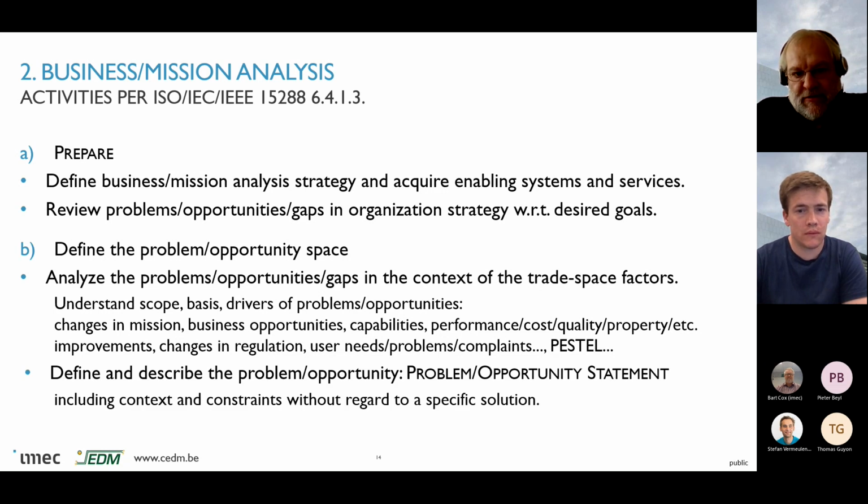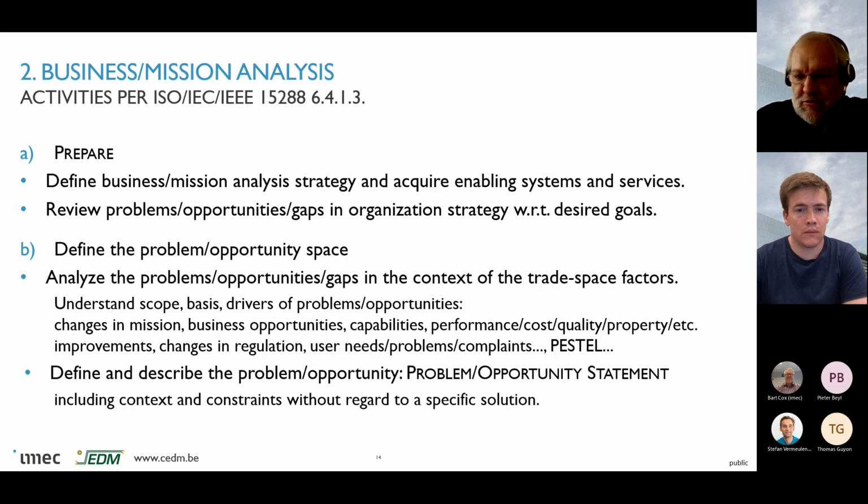Once you have done the analysis, it is worthwhile to clearly describe and define what the problem or the opportunity is that you're going to address. And that can be done, for example, in a clear statement. And I think that is quite important to have a common understanding of the problem.